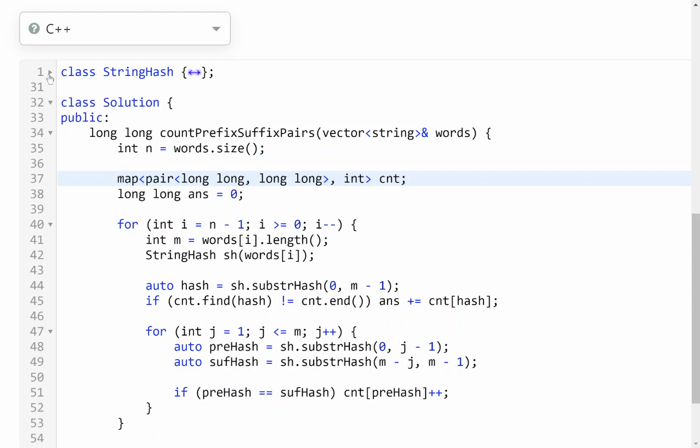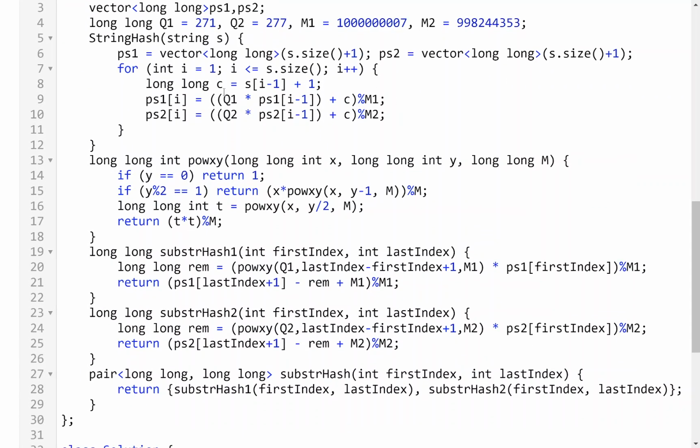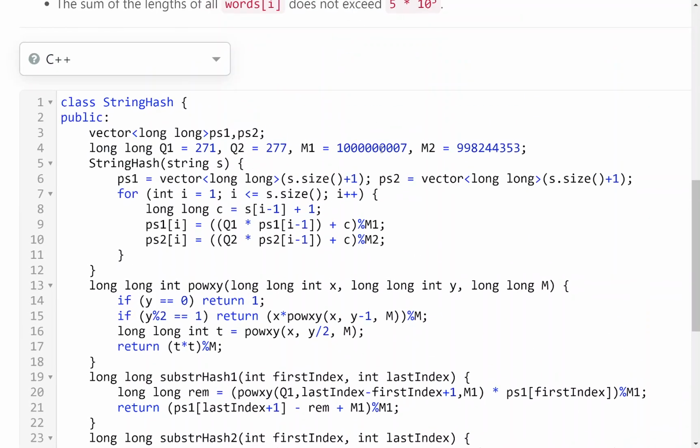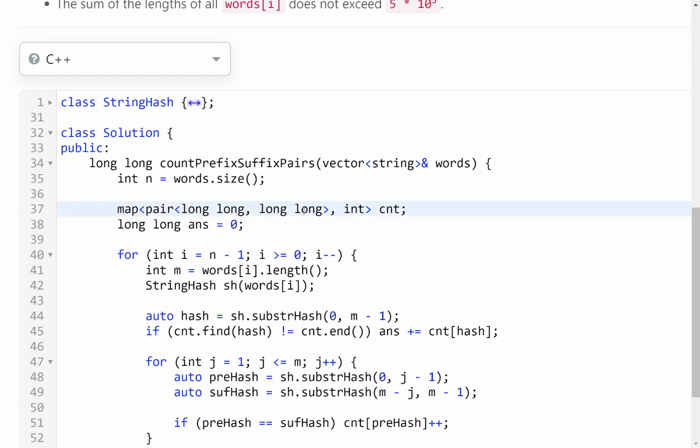So what we are doing here is, instead of one hash value for every string, we are finding two hash values with different values of m1, m2, and the quotient with which we multiply. The point here is that the chances of two different strings having the same hash are less, but just in case two different strings get the same hash value, then you might get some wrong answer.